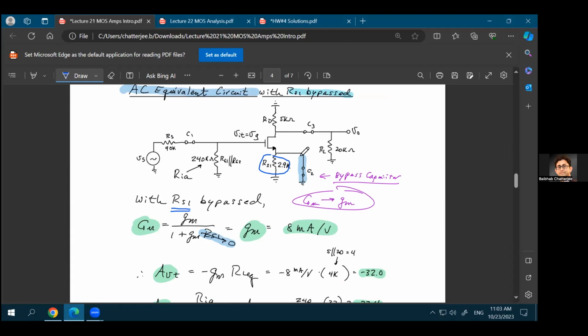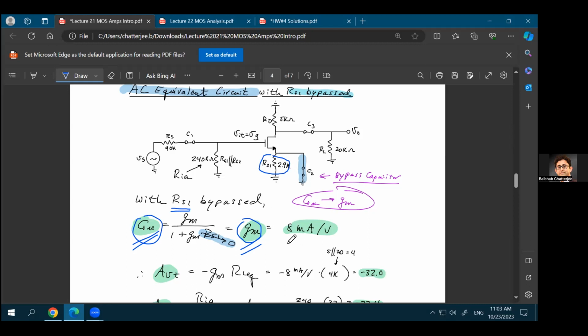The effective RS that you'll see is a parallel combination of the short and the original RS1. So your capital GM will now be equal to your small gm, which we expect, because what you're saying is that I'll not have the source degeneration resistance anymore, I'll just short it out. Which means that you'll go back to your original GM, and that's why your uppercase GM, the overall GM of the system, will be equal to the gm of the NMOS device.